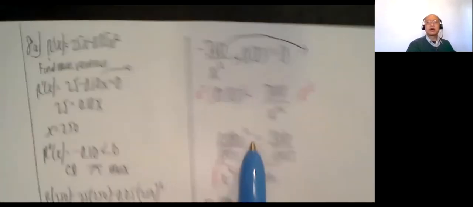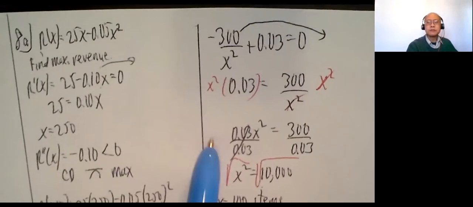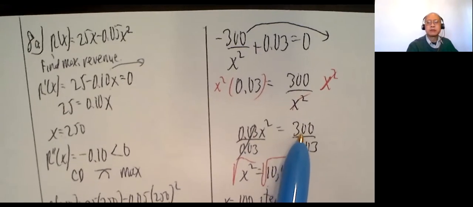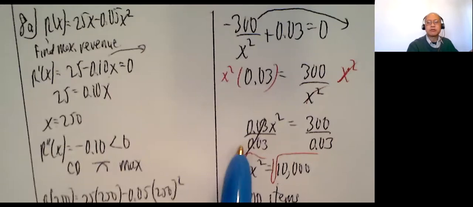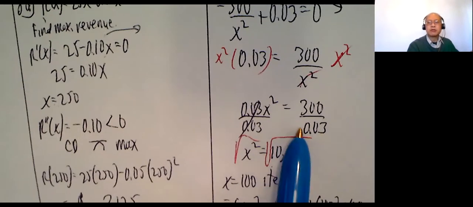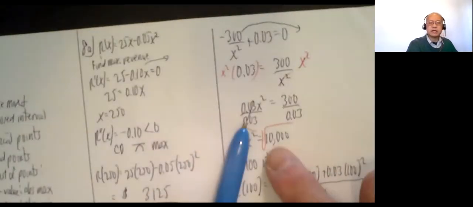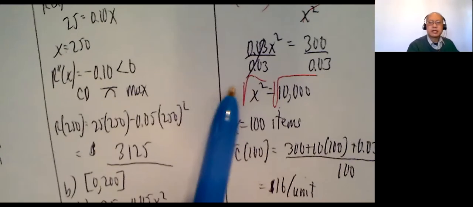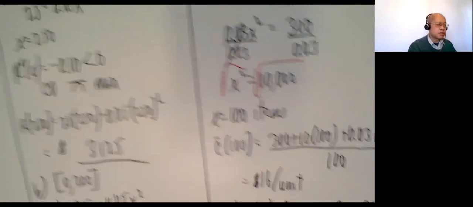Multiply both sides by x squared, include the fractions. 0.03 x squared equals 300. Divide by 0.03, cancels out. 300 divided by 0.03 is 10,000. x squared equals 10,000. Take the square root. x is 100 items.